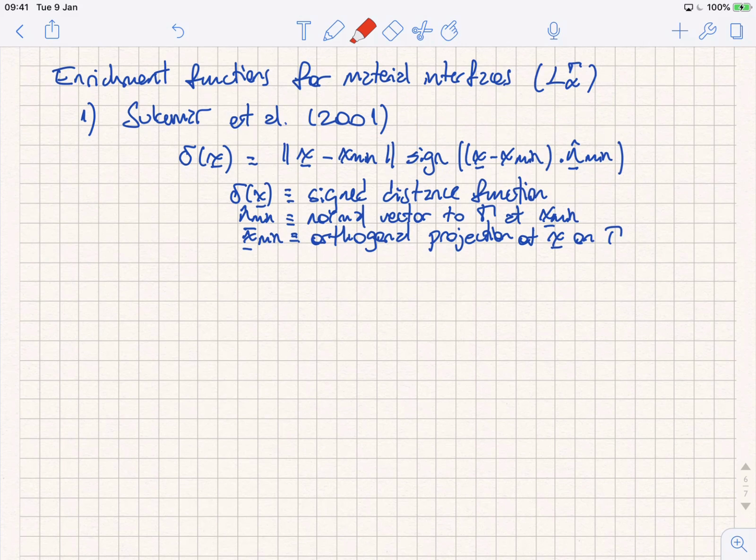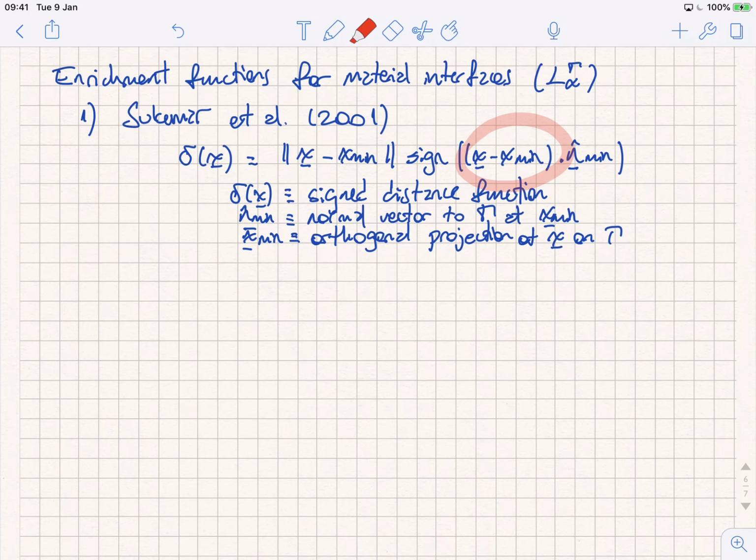So I do the dot product between that normal vector and x minus x min. So you see that if the normal is pointing in the same direction as this vector x minus x min, basically the dot product is going to be positive, right? That means that the point is located in the side of the discontinuity where we have the normal vector pointing. Can you repeat that one more time?